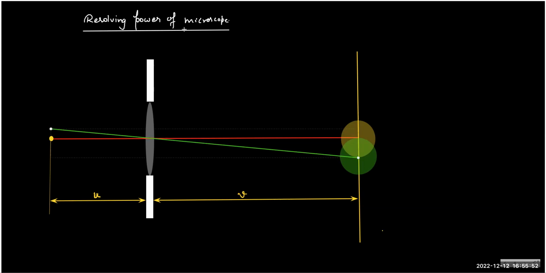Now this separation is the minimum distance, the d minimum, which can be seen distinctly, right? Yes, sir. So we can take d minimum as the height of the object. Then r will act as the height of the image, isn't it? Yes, sir.